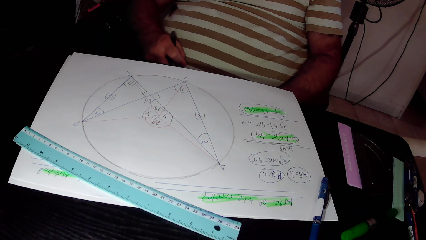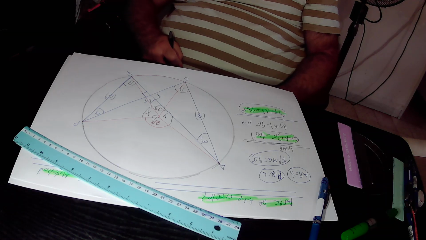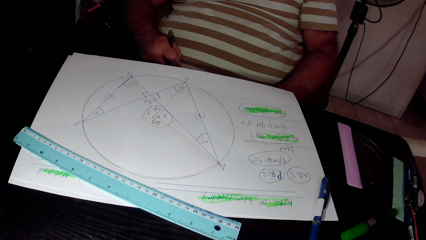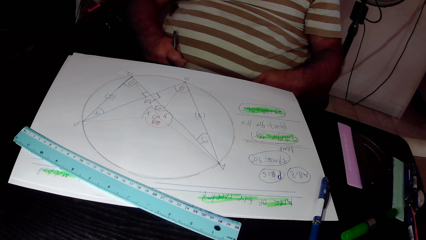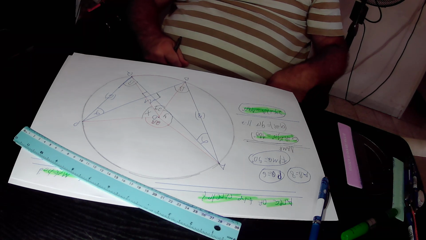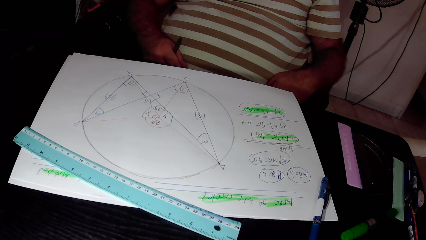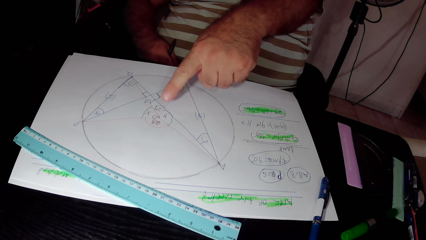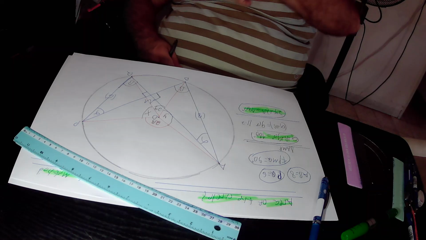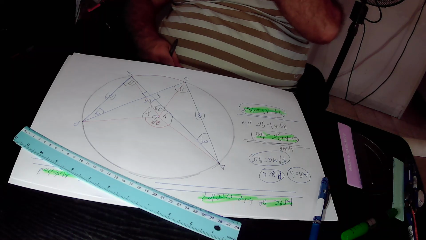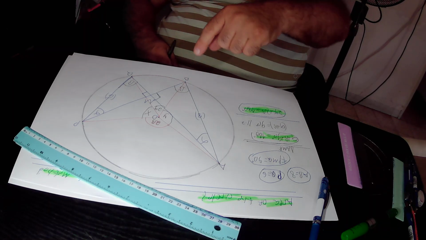We have the rule that says that the sum of the angles around any point is equal to 360 degrees. So the sum of the angles around this point O, that is the center of the circle, must be equal to 360 degrees. So which angles do we have around point O?